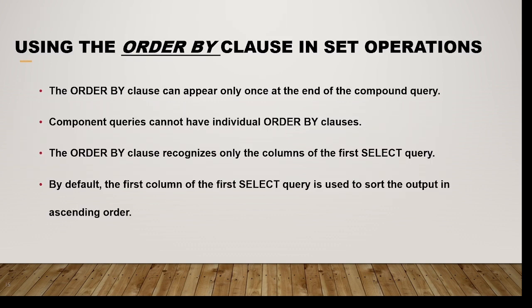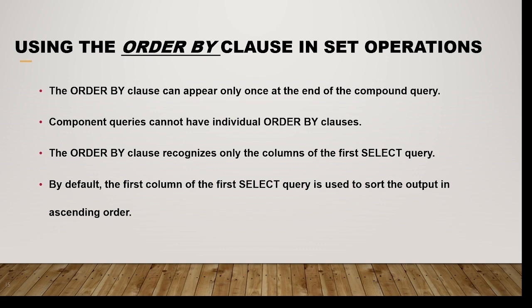Now coming to the next topic, that is using the order by clause. You can use the order by clause only once in a compound query. You place the order by clause at the end of the query, and it accepts the column name as well as the alias.